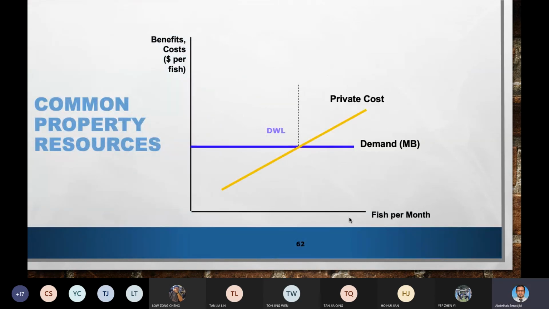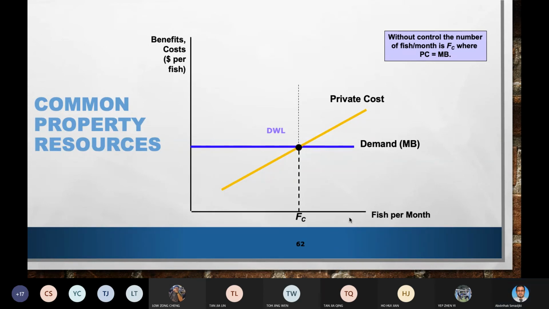Let's look at this figure, which illustrates the situation. Suppose that the catch is sufficiently small relative to demand, so fishermen take the price of fish as given. That means supply and demand in a competitive market.